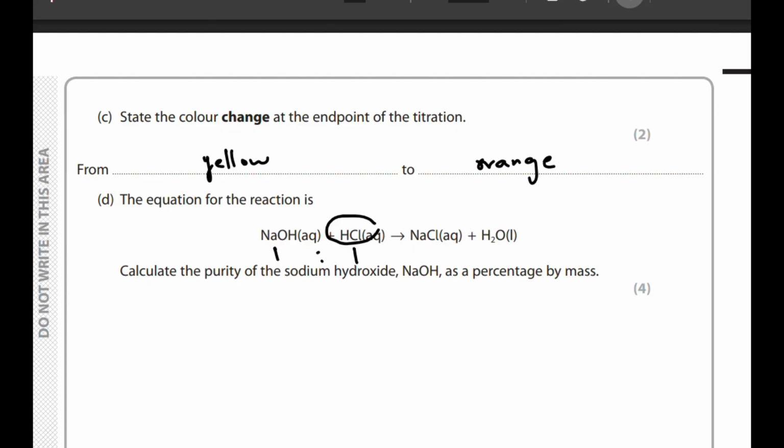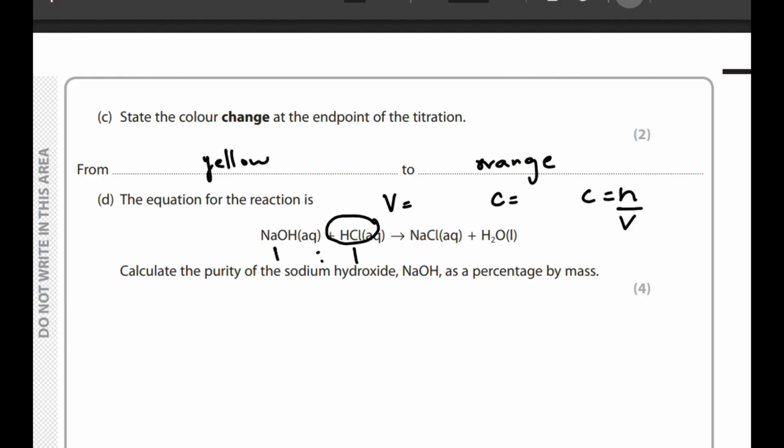We have hydrochloric acid and we know the volume as well as the concentration of hydrochloric acid. So by using the volume and concentration we can find the number of moles by using the formula: concentration is equal to number of moles over volume, and once we find the moles of hydrochloric acid, we can also find the moles of sodium hydroxide because they are equal.